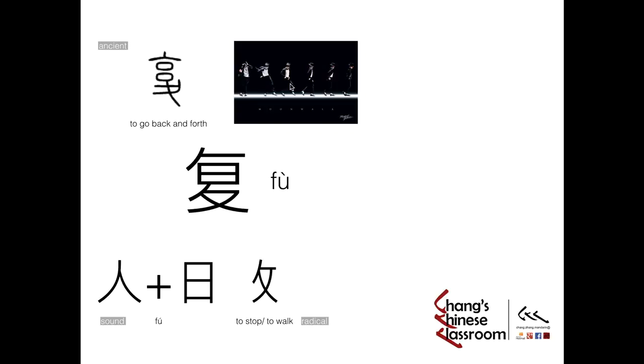That would be Michael Jackson doing the moonwalk. Quite awesome and beautiful. And the modern meaning is again or repeatedly, okay? So I use this picture to try to channel your memory to this character because that's a person walking on the moon, and here is sun, okay, and the lower part is just to walk, okay?